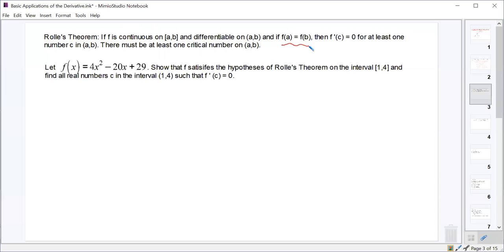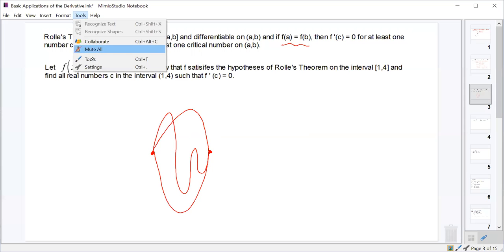So if the function is continuous and differentiable on that interval, and the y values of the starting point and the ending point are the same, then somewhere in between there, I must have had a place where the derivative was equal to 0, right? There might have been more than one place, but there's at least one place. There's no way to draw a line or a curve connecting between there where the derivative isn't equal to 0 at least one place.